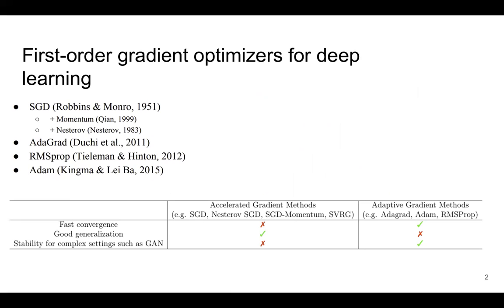SGD is also shown in several recent state-of-the-art methods in NLP and computer vision, which is a good choice. In these applications, SGD performs better than adaptive methods.